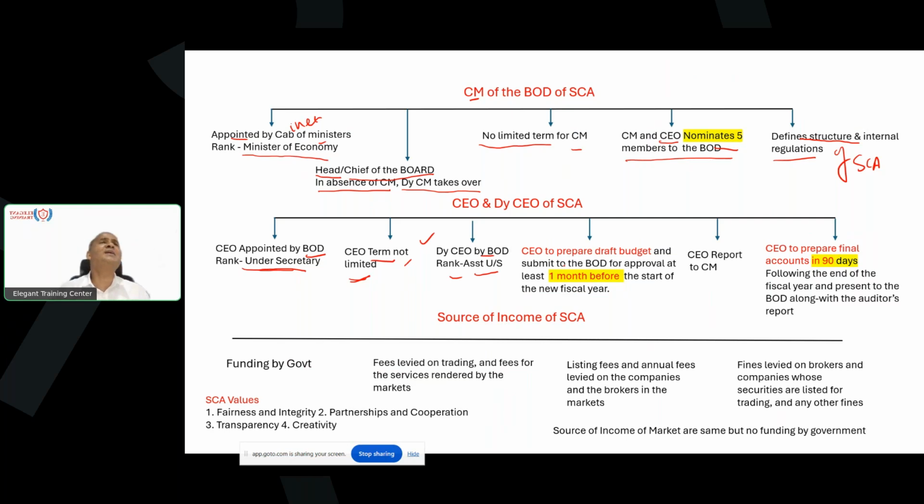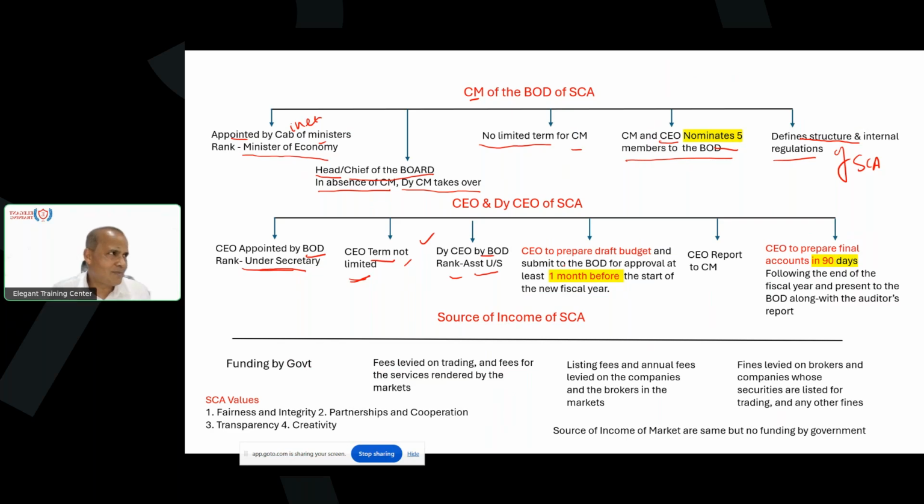Clear? If one CEO is appointed, CEO is appointed by board. Once CEO appointed, next meeting and all, he can say, okay, I want this person to be in the board. Understood? Once CEO appointed by the board, CEO also has some kind of independence to recommend some people to be on the board.